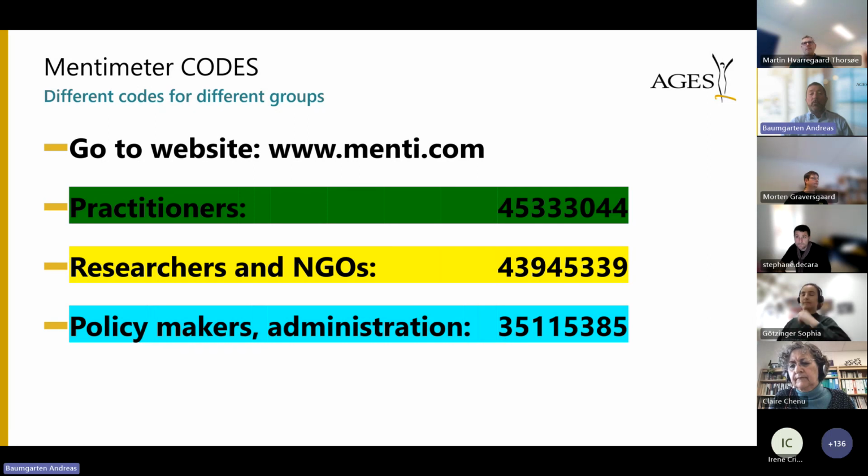So I will give you a little bit of time to maybe write down these codes, or already to enter them into the Menti.com website.